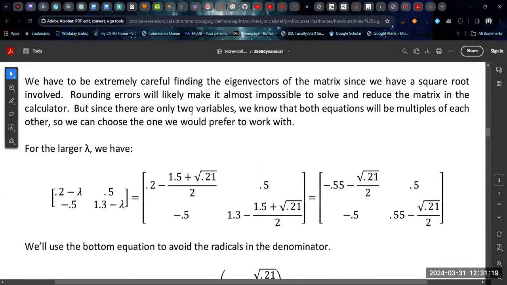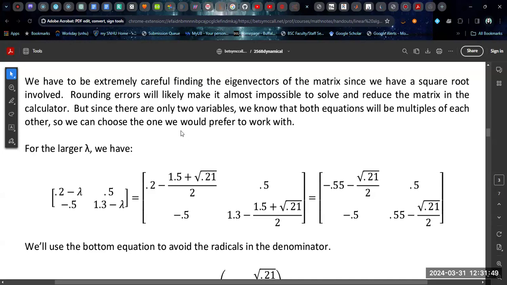Now, we do have to be somewhat careful finding the eigenvectors of the matrix, since we're going to end up with a square root, and rounding errors will make it impossible to solve and reduce this matrix in our calculator. So fortunately, there are only 2 variables, and so we can do this without row reducing in our calculator. But if you have 3 or more variables, you will have to do the arithmetic by hand.